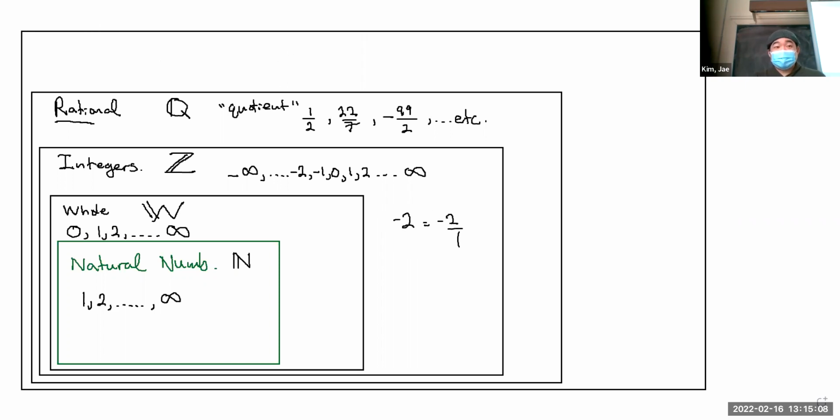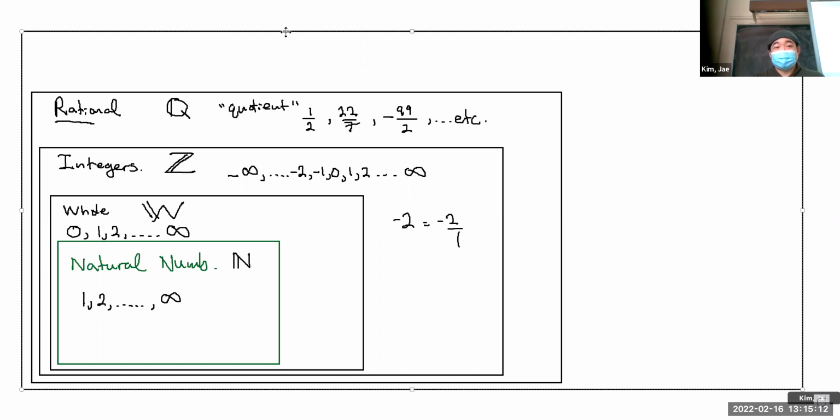And I need to make this box a little bit bigger because that is essentially the entire world as we know it. This is the real numbers. And I lied, it's not actually the entire world, it's 99.9% of the entire world. Okay.